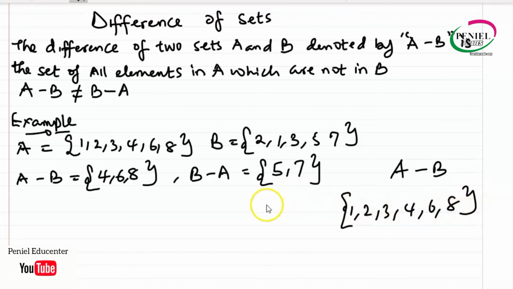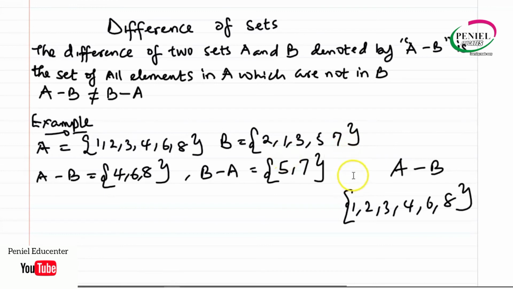So I want to do the subtraction, A minus B. I've written the set A that we're given, and I want to subtract B. I have 2 here, I'll take away 2.